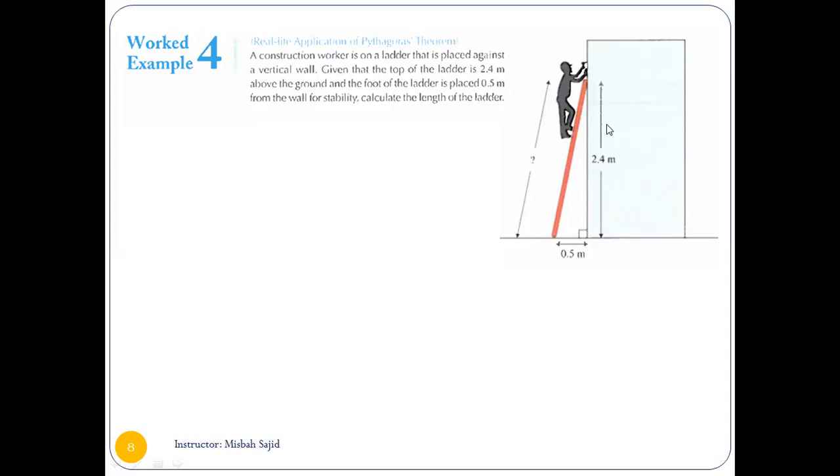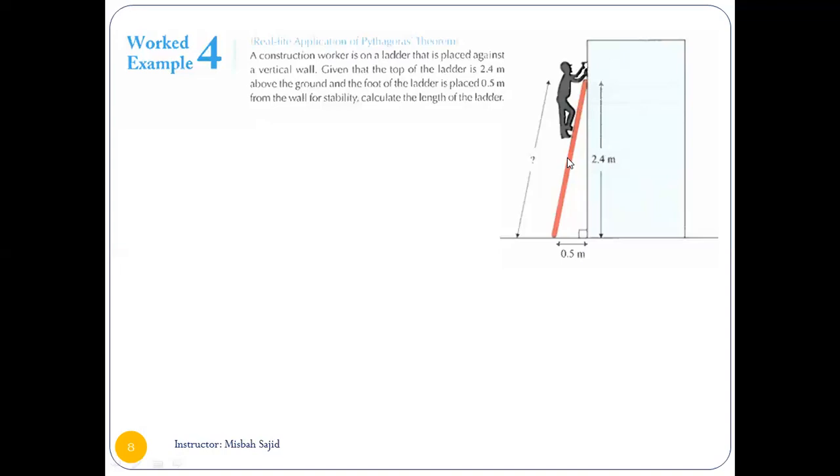Given that the top of the ladder is 2.4 meter above the ground, means the length of the wall up to where the ladder is placed is 2.4 meter, and the ladder is placed 0.5 meter from the wall, or you can say the distance between the foot of the ladder and the base of the wall is 0.5 meter. Calculate the length of the ladder.